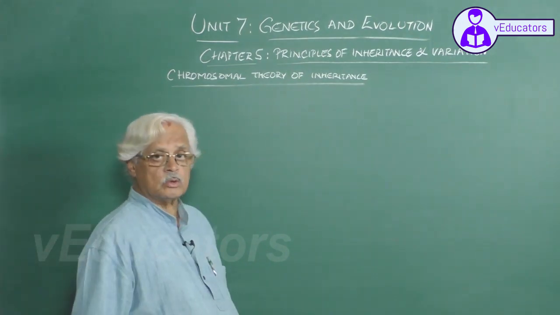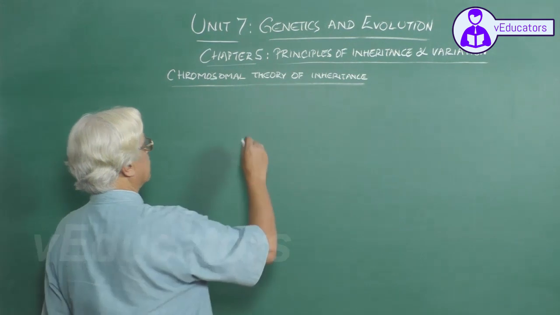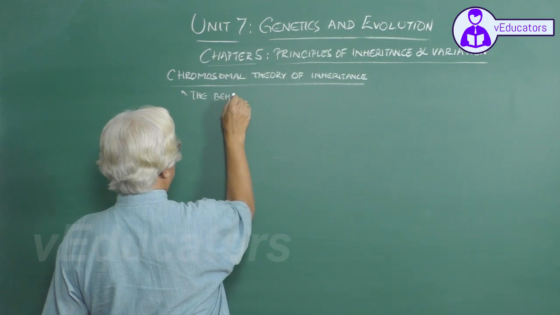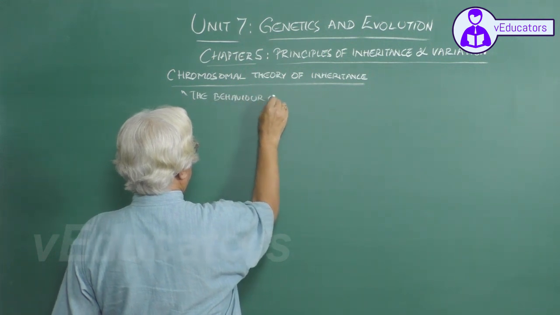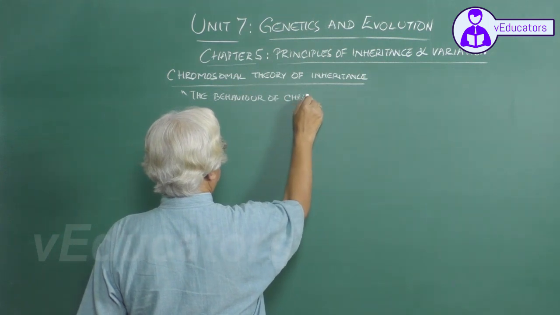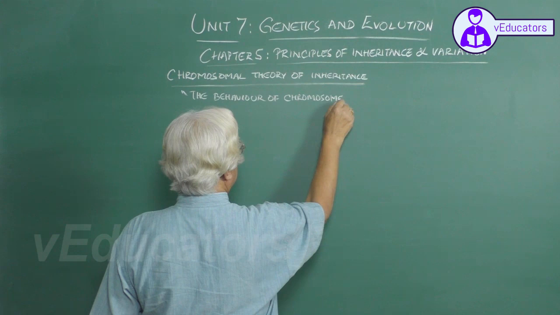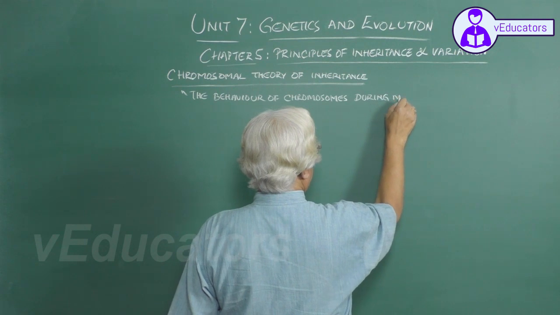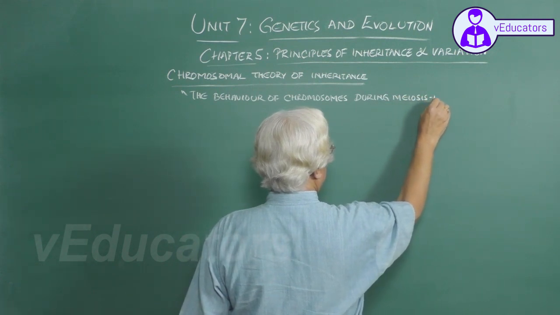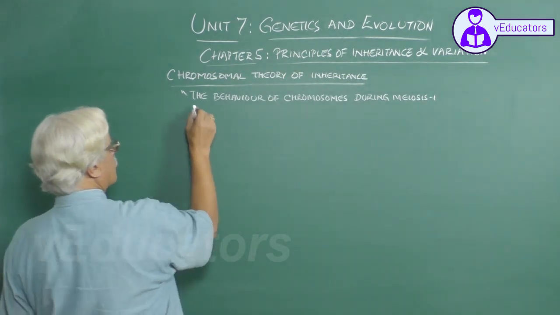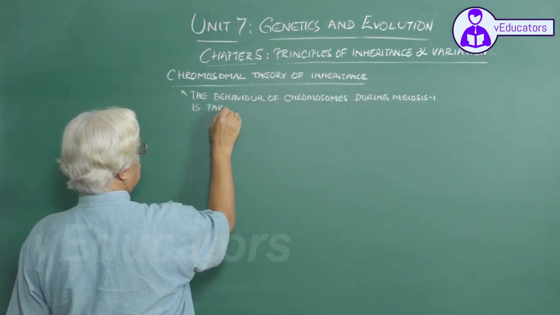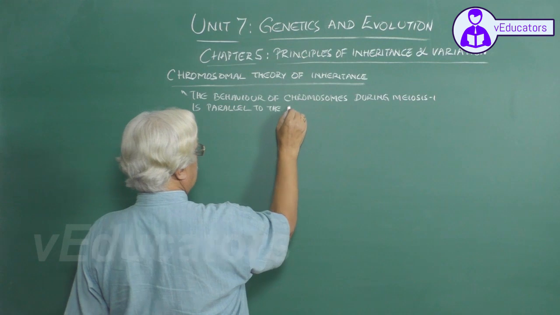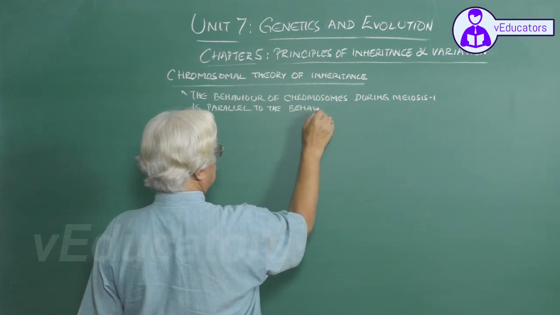We can summarize the chromosomal theory of inheritance in a very simple way like this: the behavior of chromosomes during meiosis is parallel to the behavior of genes.